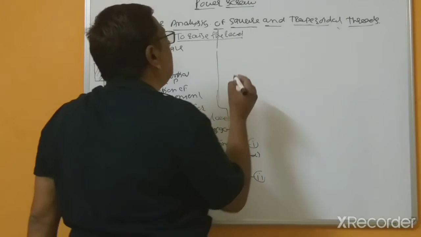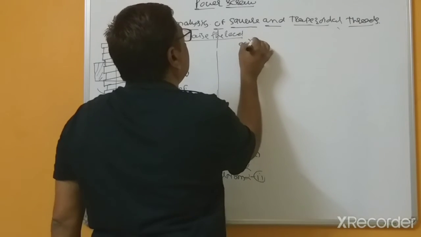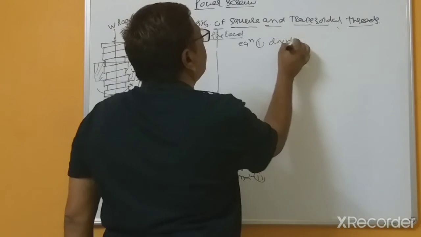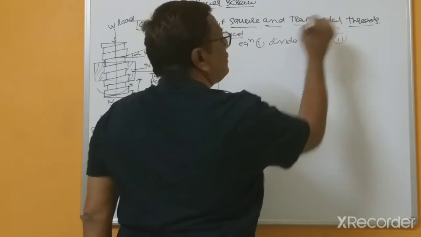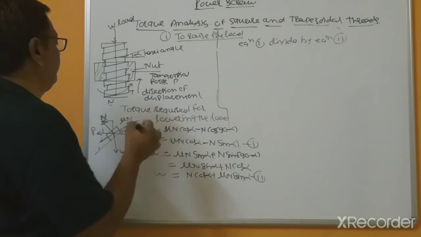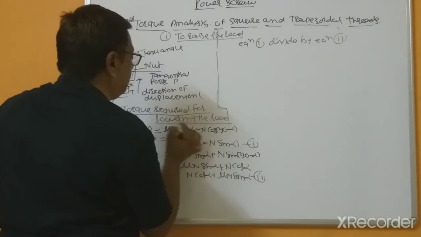Right? Now equation first divided by equation second, and this is for lowering the load. Torque required for lowering the loads.